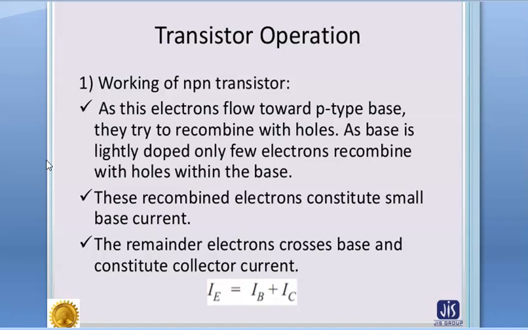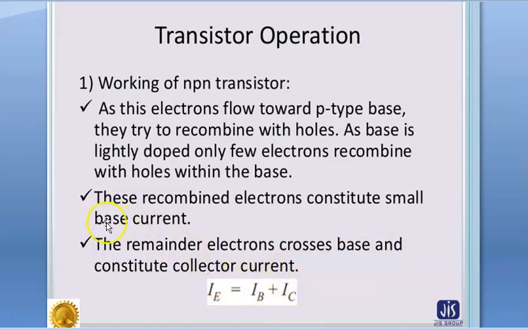As the base is lightly doped, only a few electrons from the emitter junction recombine with holes in the base region, and these recombined electrons constitute a small base current, IB. The remaining electrons reach the collector region, due to which we get a current known as collector current, IC.